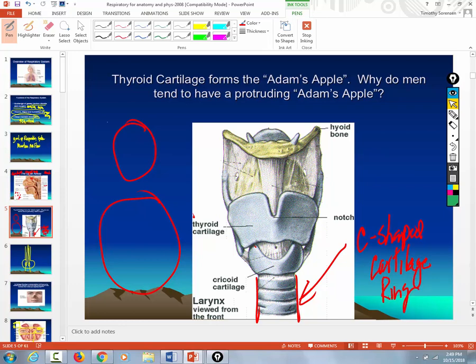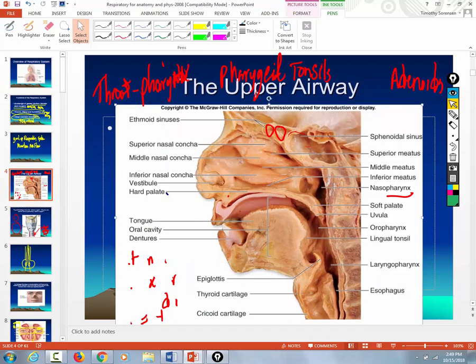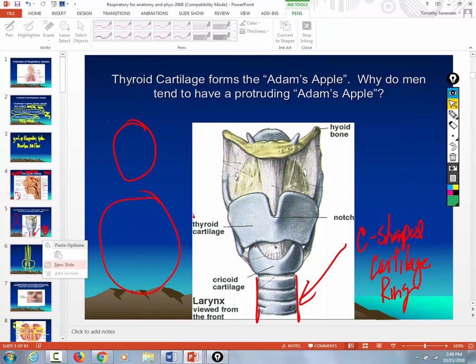Now, the reason they're C-shaped is what's directly in back of the trachea? That's the esophagus. When you're eating food, that esophagus will expand, and if it was completely O-shaped, then you would feel those little O-shaped cartilage rings as you're swallowing your cheeseburger.